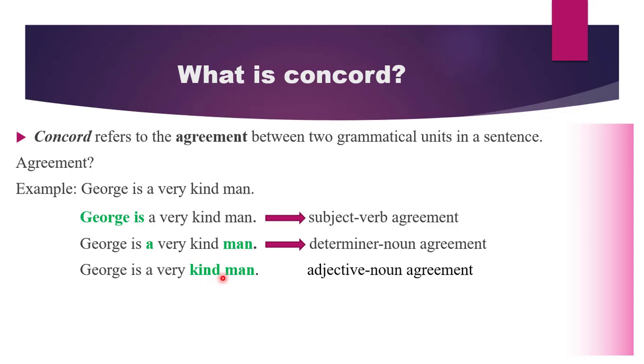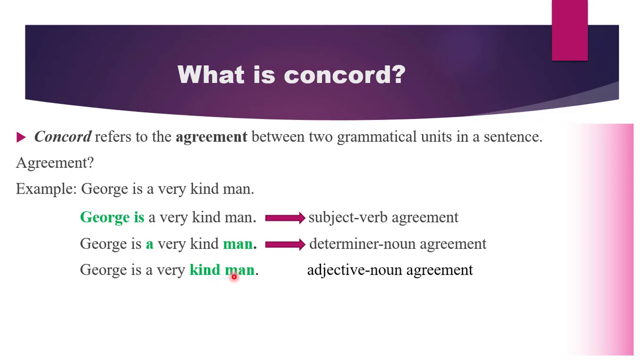Can you say a kind tree or a kind car? No, you can't use those nouns because they are inanimate. This means that there is a particular agreement relationship based on meaning between kind and also man, because you can't put any noun here. It must be a human noun.